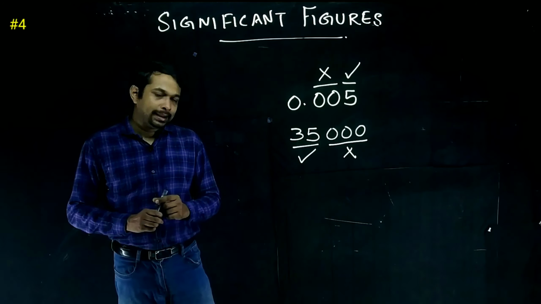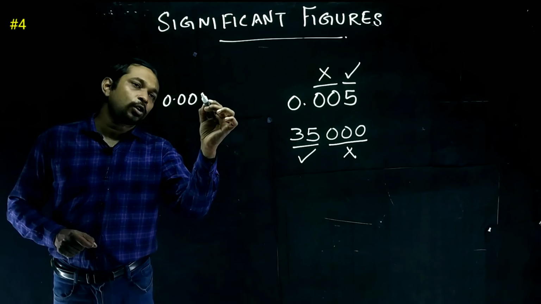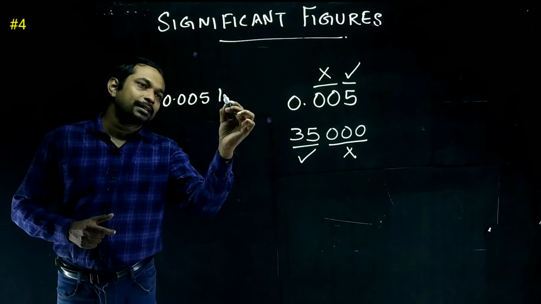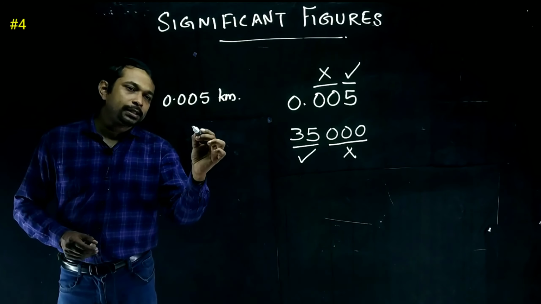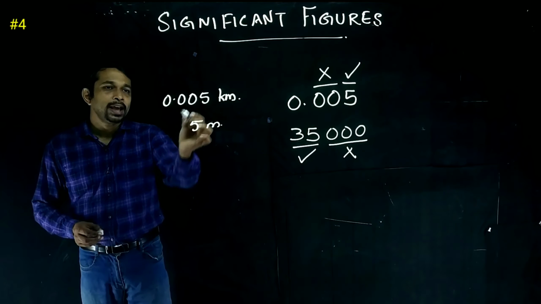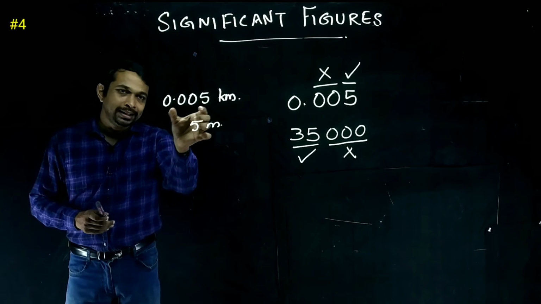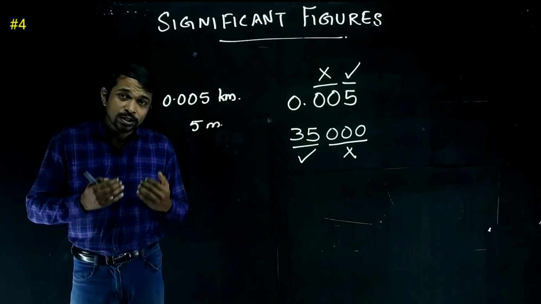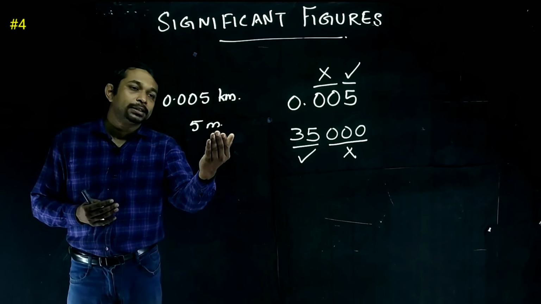Let me explain. Let's take this 0.005 written in kilometers, okay, which means this is 5 meters. We are writing in this method because we had to convert this meter into kilometers.